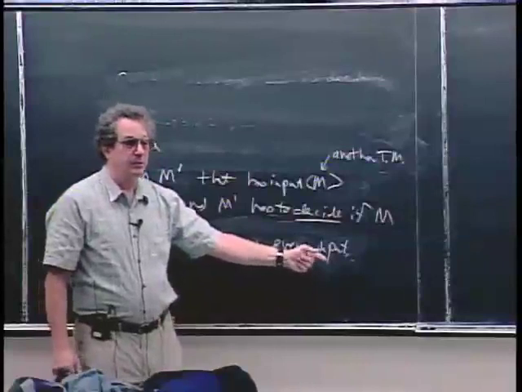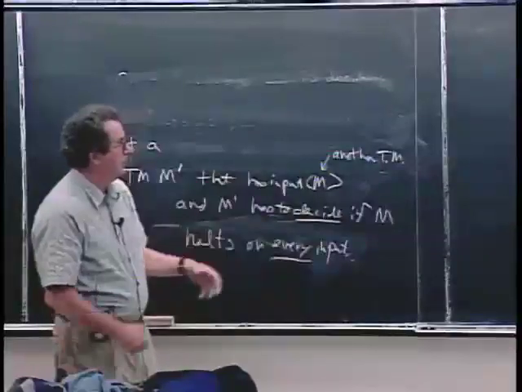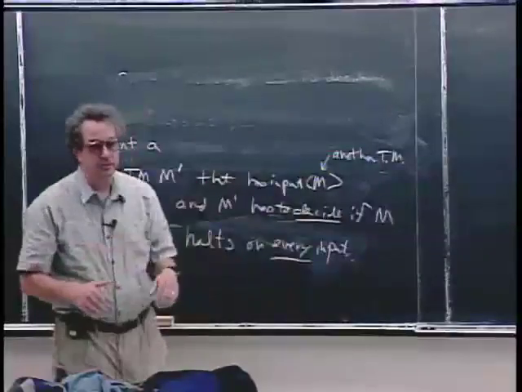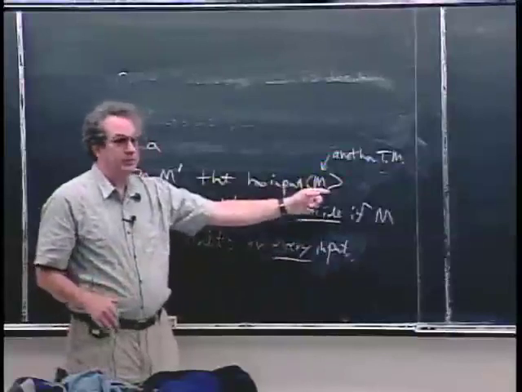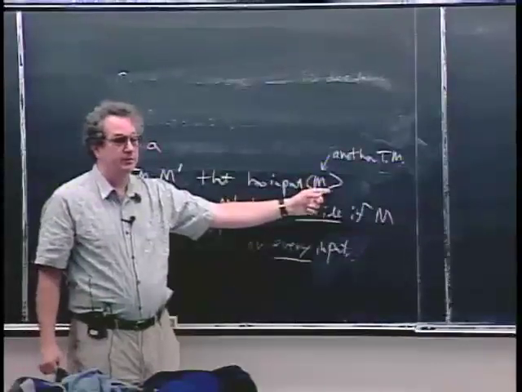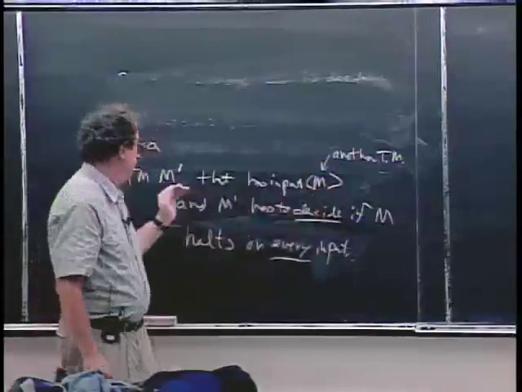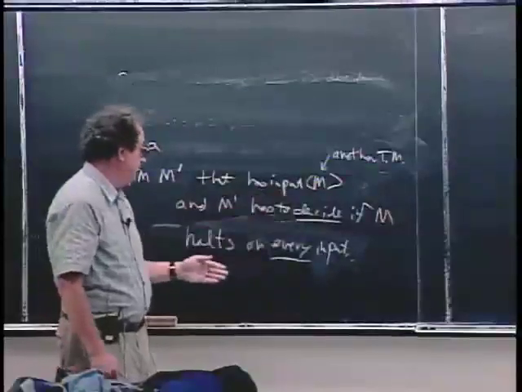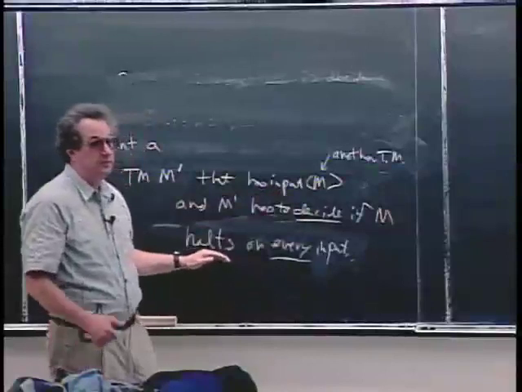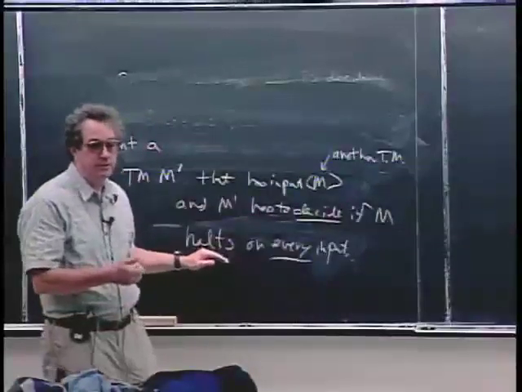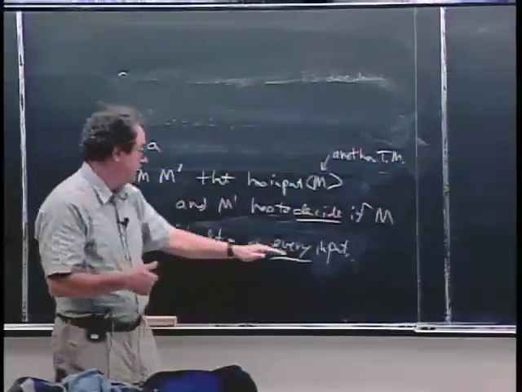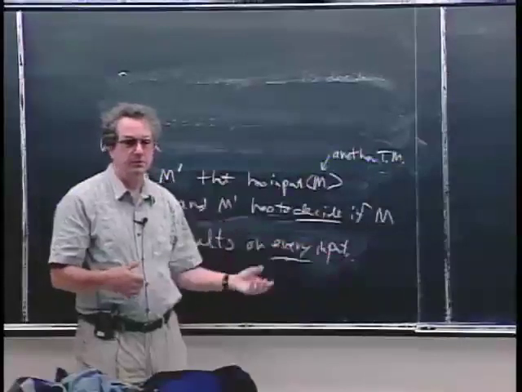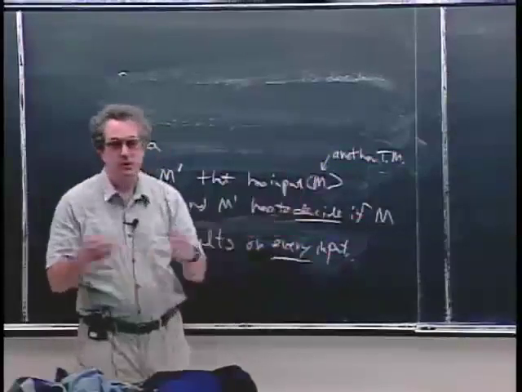Okay, so this is like that candy question. This is a new candy machine that's never been seen before. That hasn't been built into what M prime does, and M prime has to decide if it works, or in this case halts is the analogous thing, on every possible input. Will the candy machine always work?